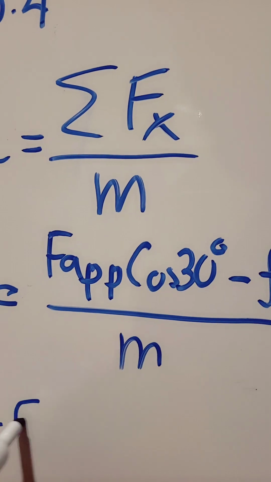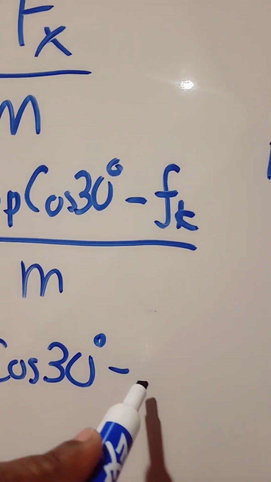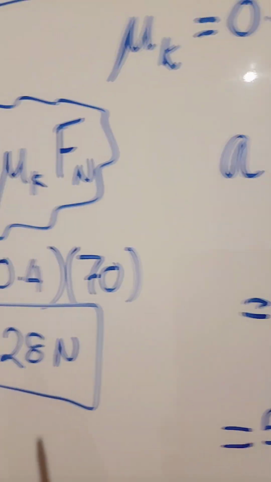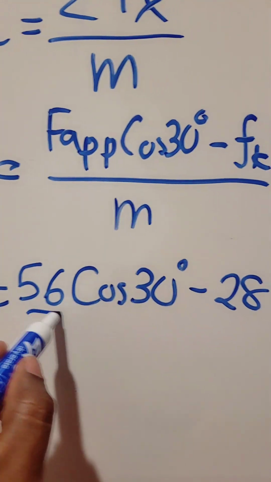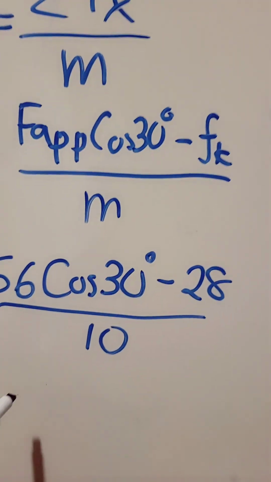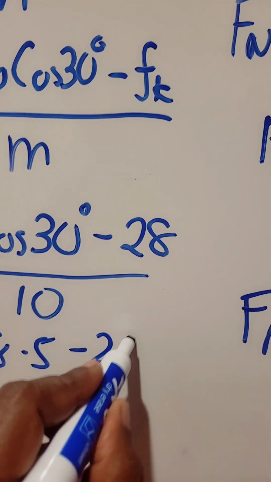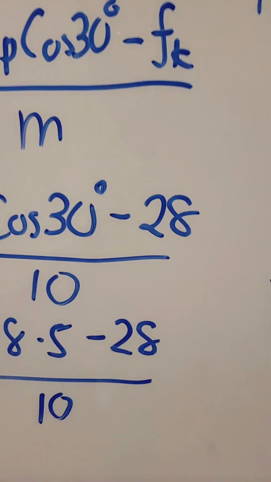Now let's plug in the numbers. 56 cosine 30 degrees minus 28, which we obtained over here, divided by 10. Okay, 56 cosine 30 is 48.5 minus 28 divided by 10.